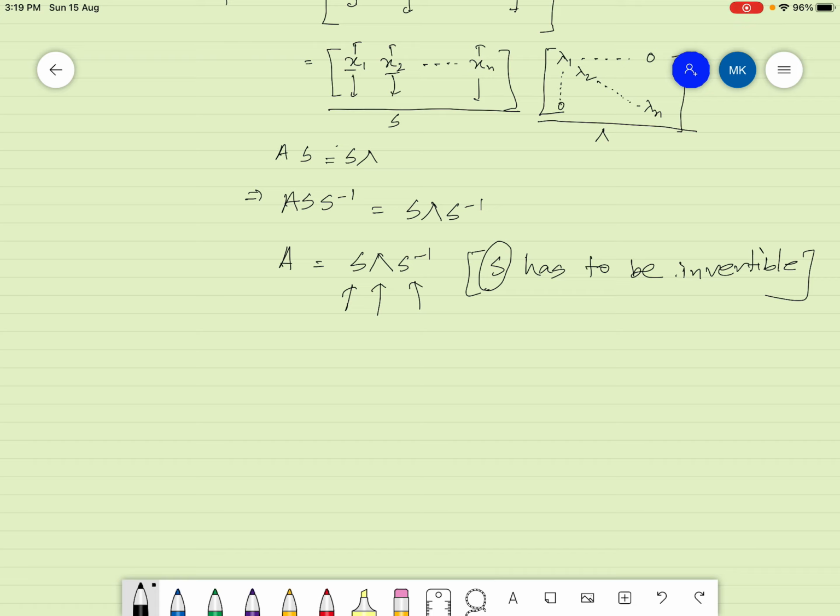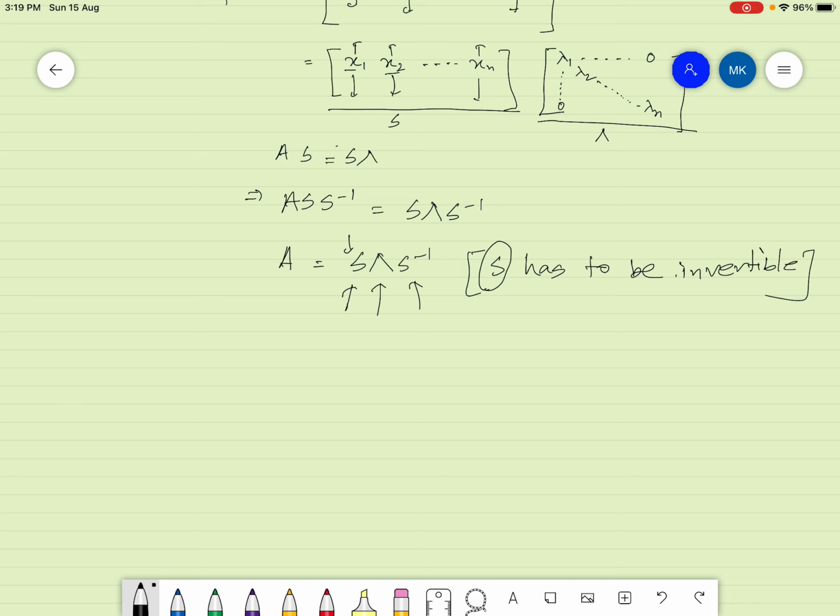So if you have two eigenvectors common, and you put those eigenvectors inside this S, then if two columns of a particular matrix are the same, you can say that not all the columns are independent.